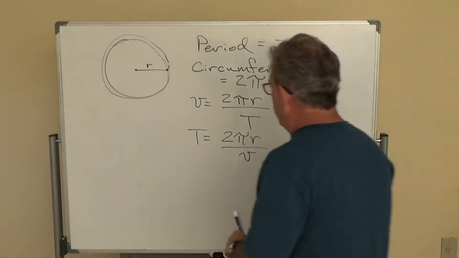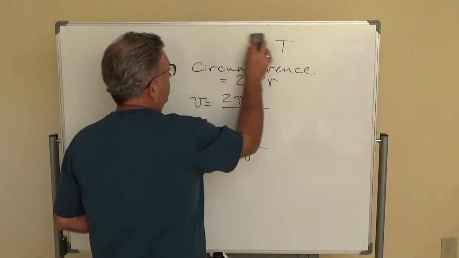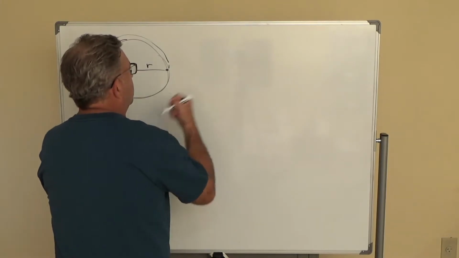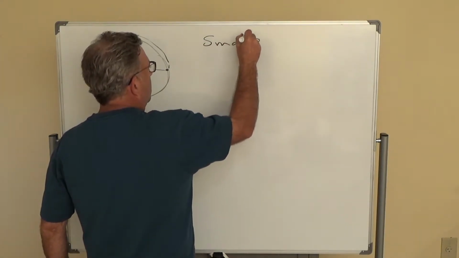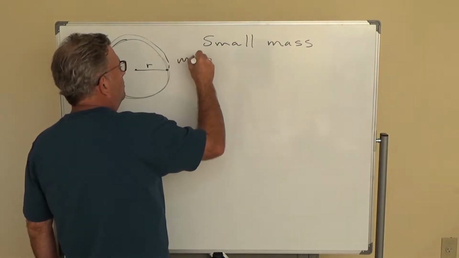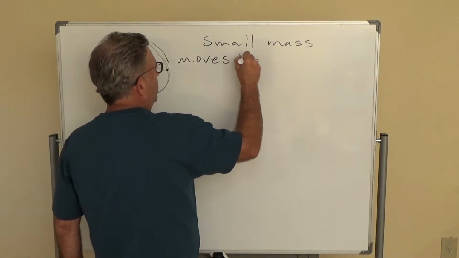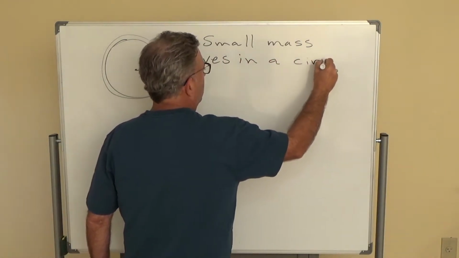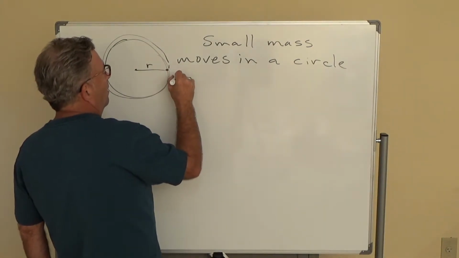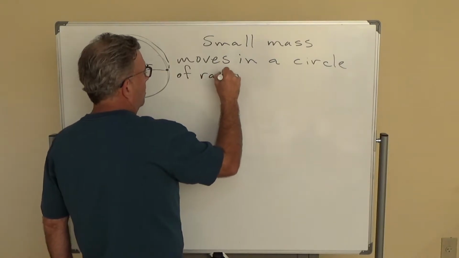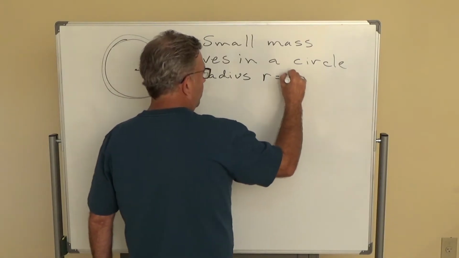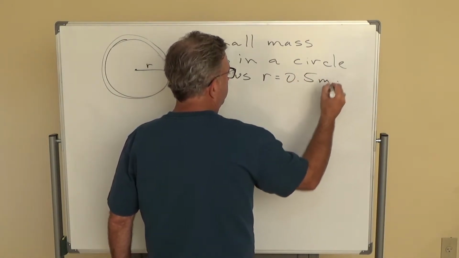So let's look at a typical type of problem based on this. Let's say that a small mass moves on a circle of radius r equals 0.5 meters.